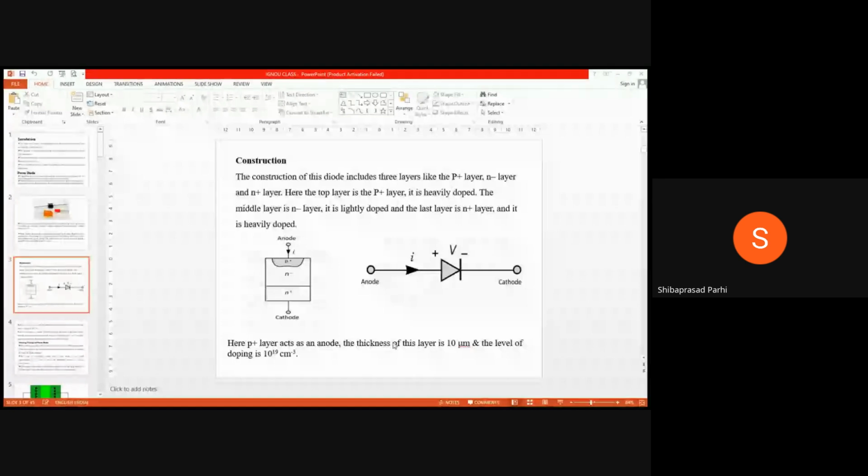Yes, sir. Please tell me whether the slide is visible or not. Sir, the slide is visible now.